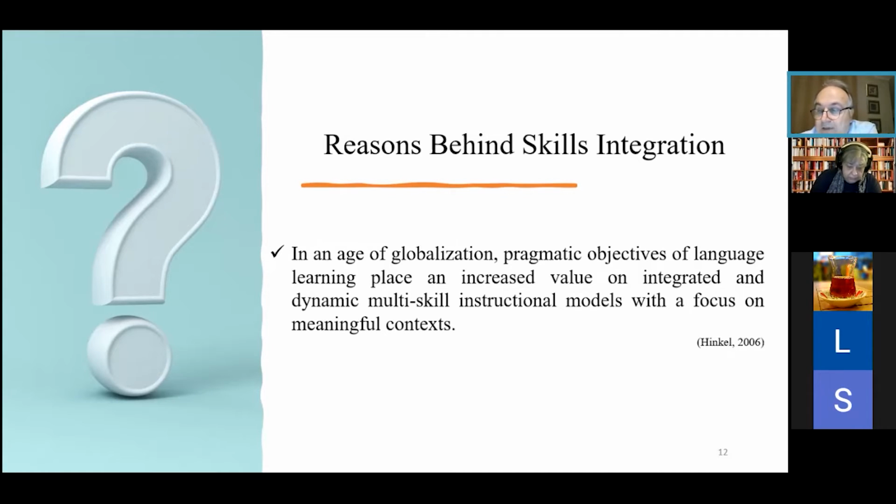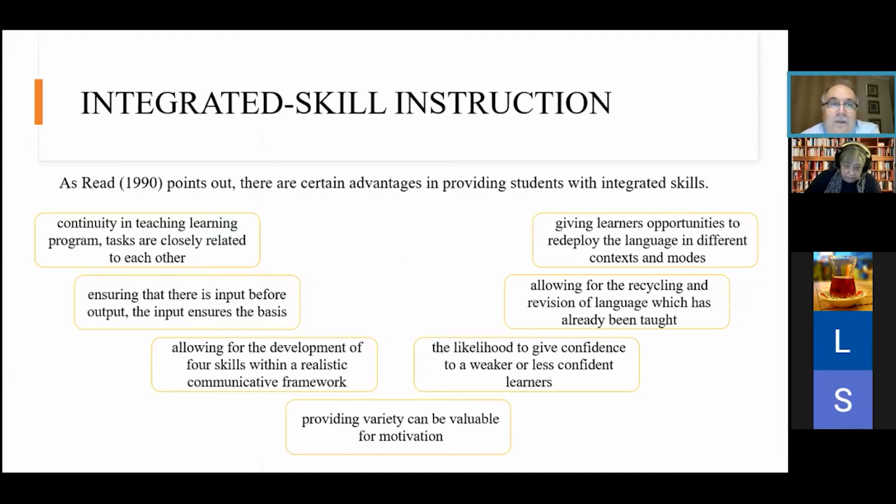Okay, now I would like to talk about the advantages of using integrated skills teaching. Integrated language teaching and various integrated pedagogical paradigms, as I said, are usually associated with outgrowths of communicative language teaching.